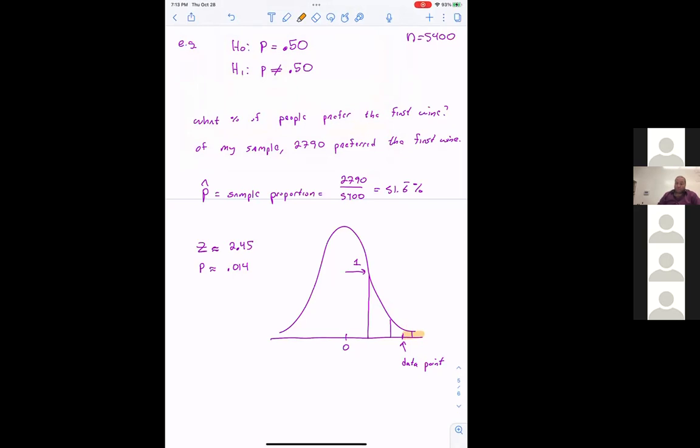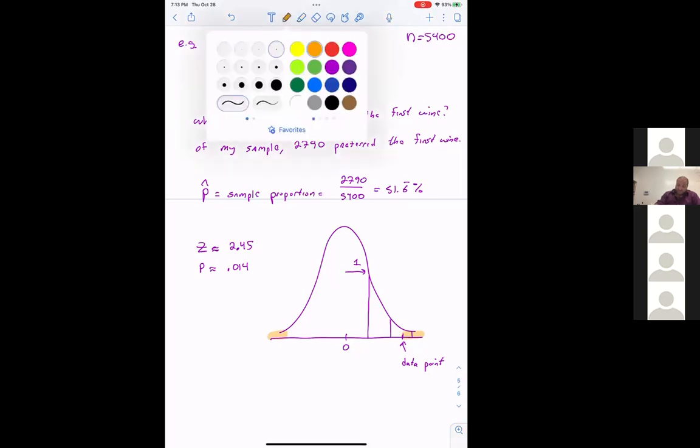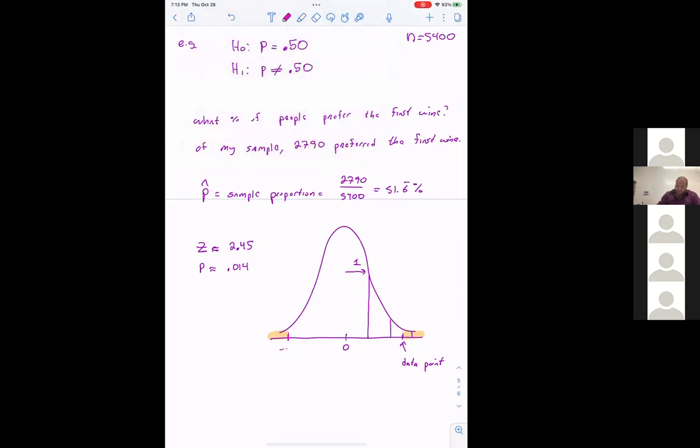More extreme meaning further away from the expected number. Yes. But also we have to include this side because it's two-sided. More extreme just means further from the center than 2.45. I could have been further from 2.45 even had I been past negative 2.45, because it is a two-sided test.